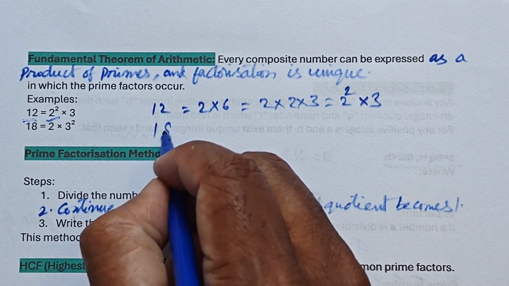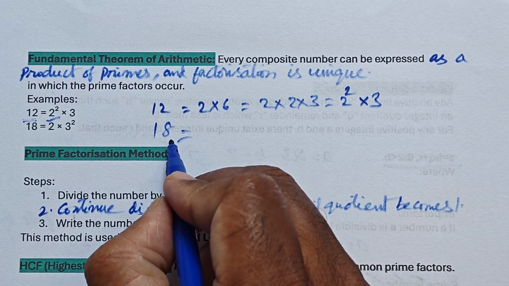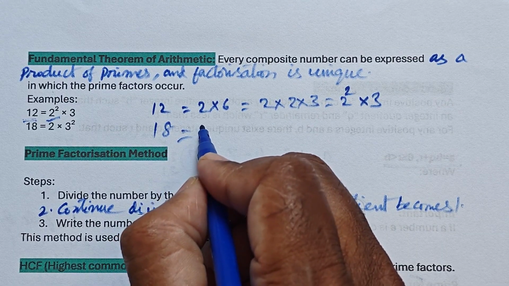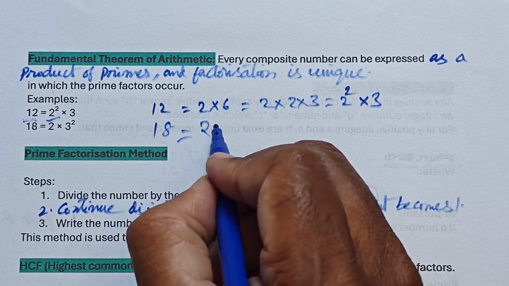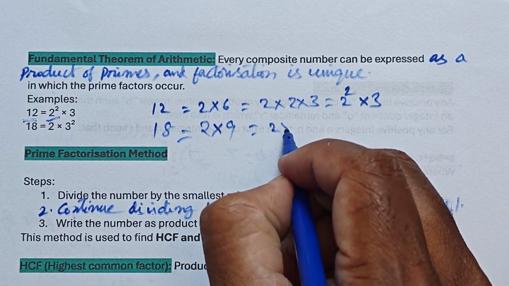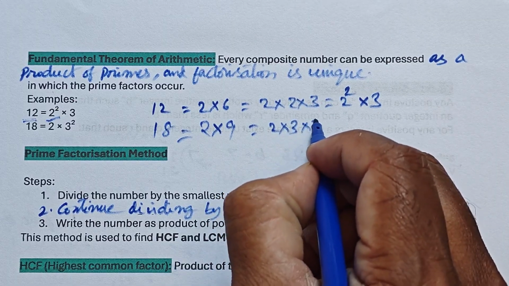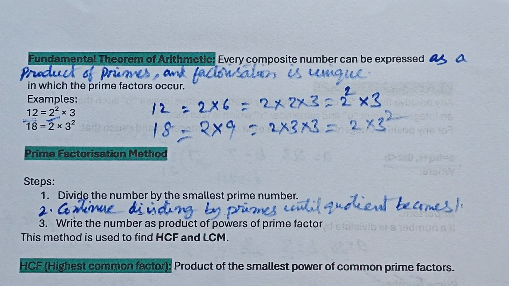So this is represented in this manner. Similarly 18. 18 is ending with 8: 0, 2, 4, 6, 8. We can use 2 as a factor, then 9. For 9 we know only 3 into 3, so this is 2 into 3 square. We can write similar factors.